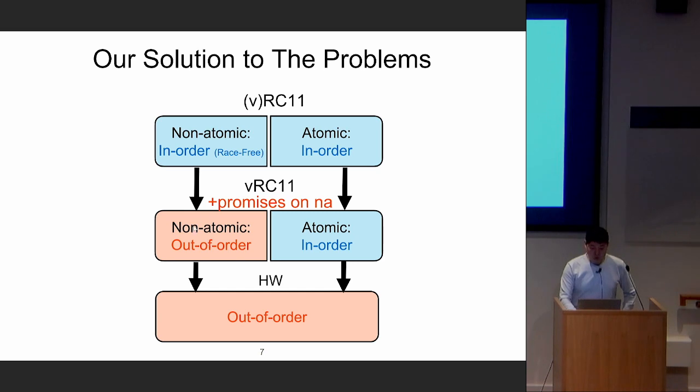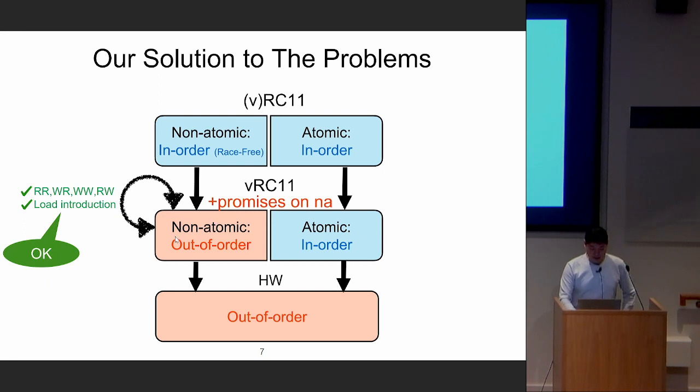So this is a stronger model than this. What happens is that in this promising IR model, all the optimizations are sound. We formally proved this in Coq, and we also proved that the non-atomic catch-fire in-order semantics is weaker than this promising semantics. Okay. So this problem is solved.